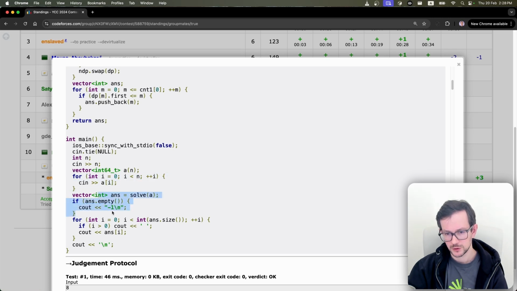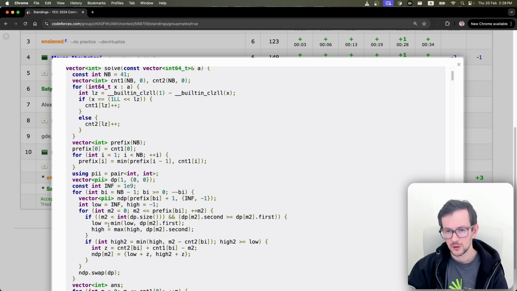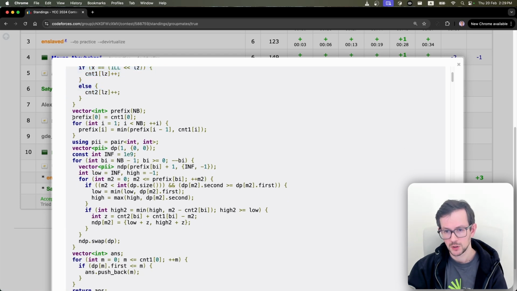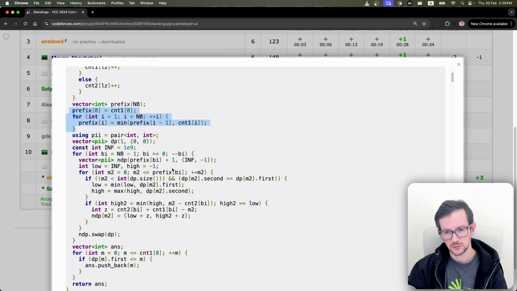Read elements and solve. Okay, I don't see binary search. I don't see it. I believe it's C++. Interesting. So it's maximal power of 2, I believe. So count powers of 2. Calculate prefixes.